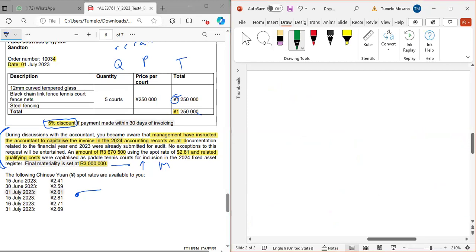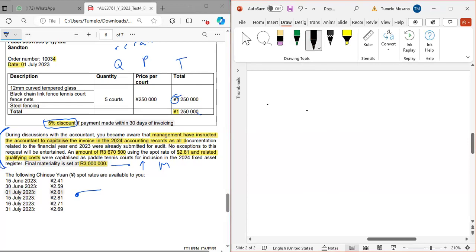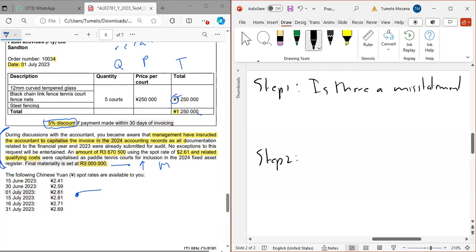Normally I would have 7 steps, so we will answer everything according to these 7 steps. Step one, is there a misstatement? Then step two, type of misstatement.